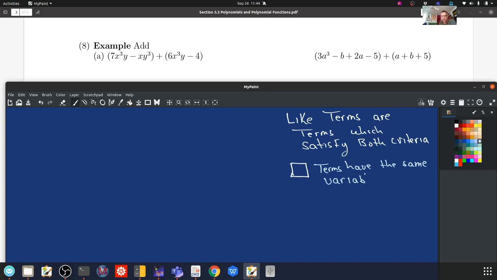In other words, if one term has the variable x and the other term has the variable y, they're not the same. They're not like. 2, each variable is raised to the same power. I guess I should add a word in here. Each like variable is raised to the same power.